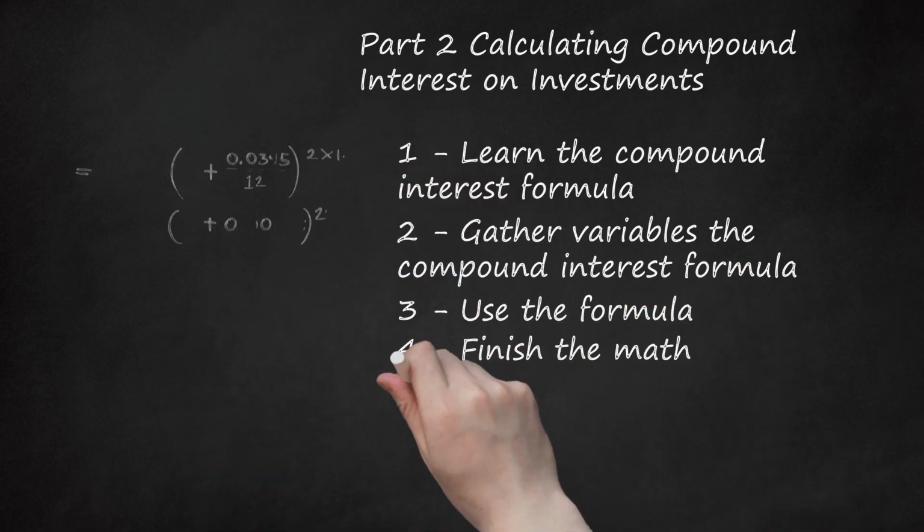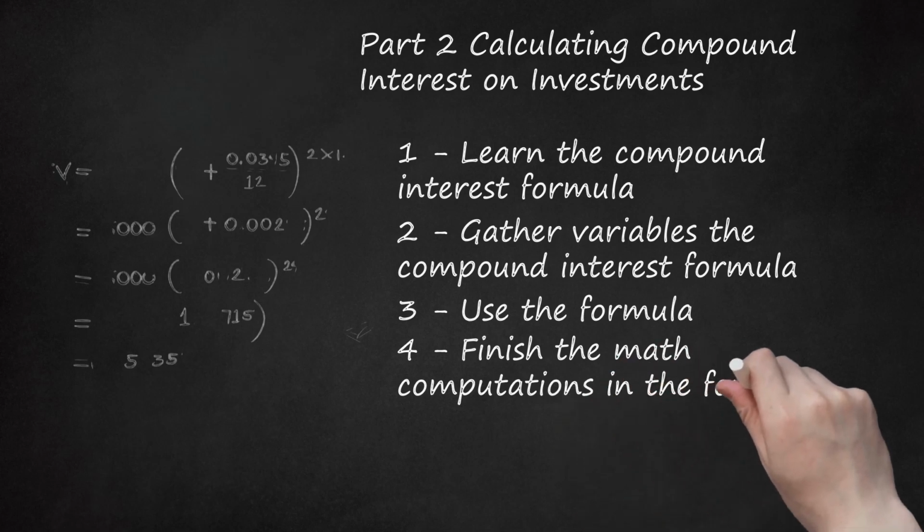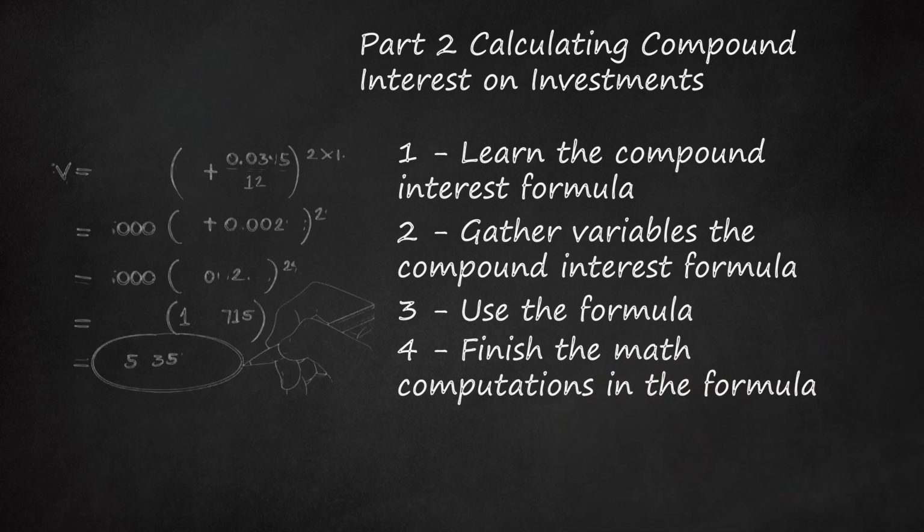4. Finish the math computations in the formula. Simplify the problem by solving for the parts of the equation in parentheses first, beginning with the fraction. Divide the fraction within parentheses first. The result should be FV = $5,000 × (1 + 0.00288)^(2×12).